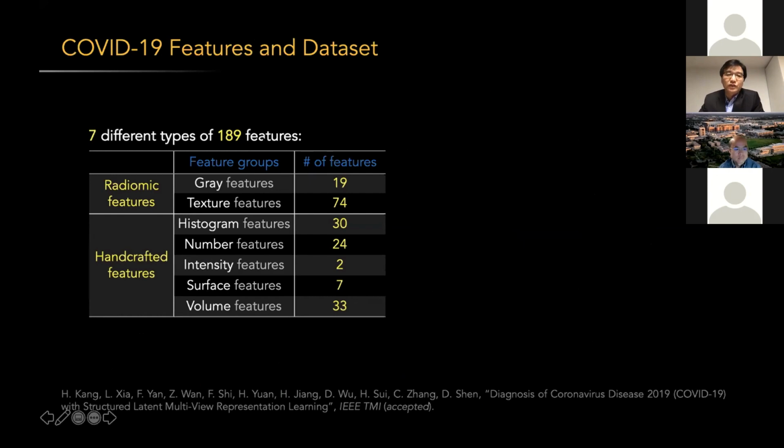So just using these techniques, we use 189 features, and they have 7 different types. Two types are radiomic features. In China, people use a lot of radiomic features. So we use two types of radiomic features, and also 5 types of handcrafted features, including histogram, number, intensity, surface, and volume. All these features added together make 189 features.